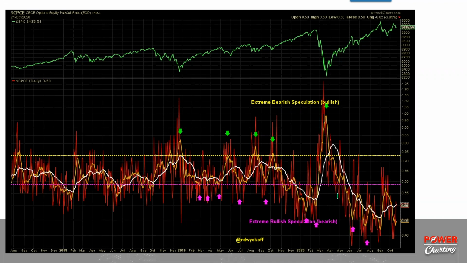Now, here the gold line is a 10-day moving average of the put call ratio. When it's way down here, there's a lot of call buying, bullish extreme speculation, which is contrarily bearish. So now look what's happened.